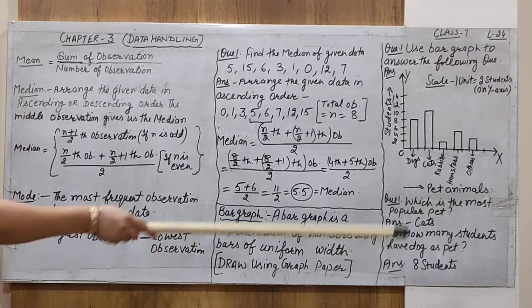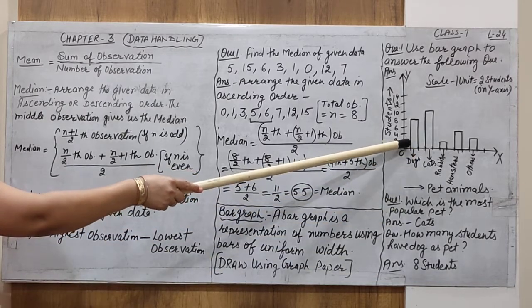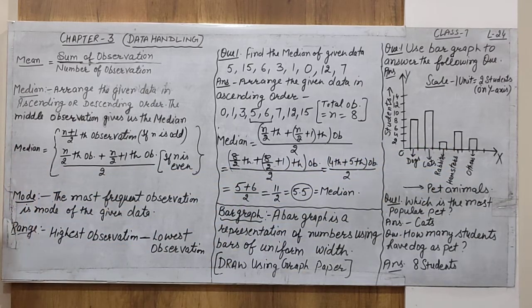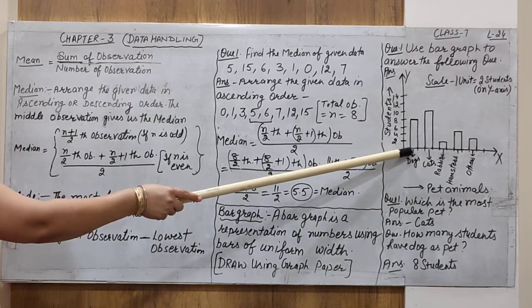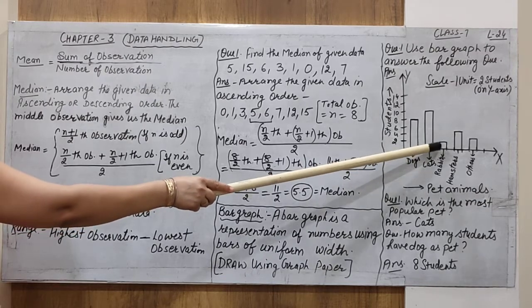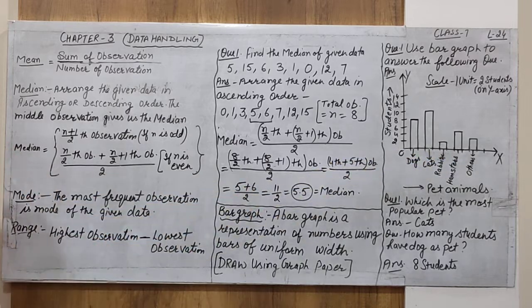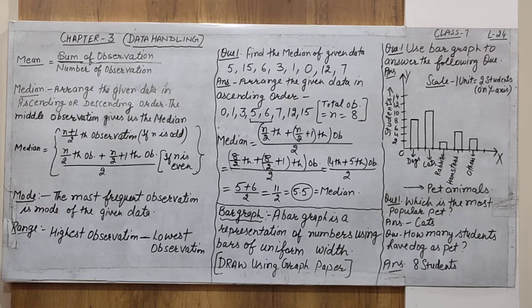Next, the second bar, again leave one. There is an equal gap between the bars, and the gap is equal to 1 unit. One block left, one bar, one block left, one bar, one block left, next bar, one block left. Each bar has a similar width and the gaps between the bars are also similar.